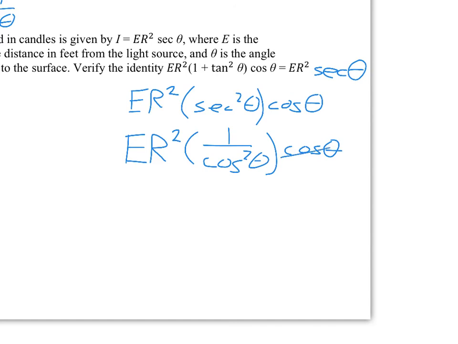If I get rid of this cosine and one of these cosines on the bottom, then I have 1 over cosine theta, and 1 over cosine is the same as secant. Okay, that is all for 13.2.